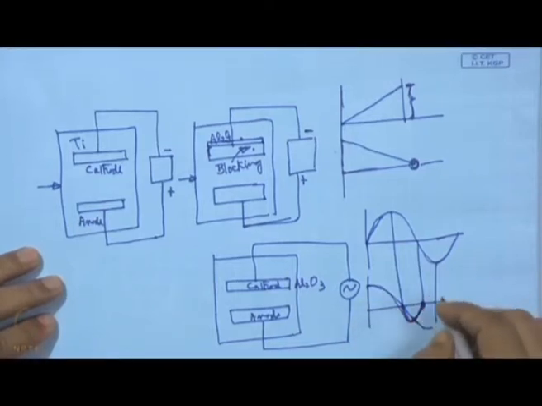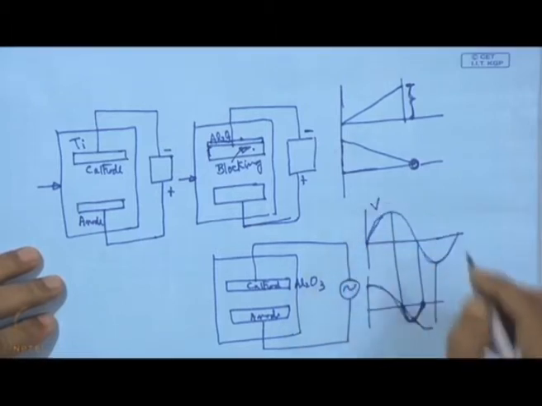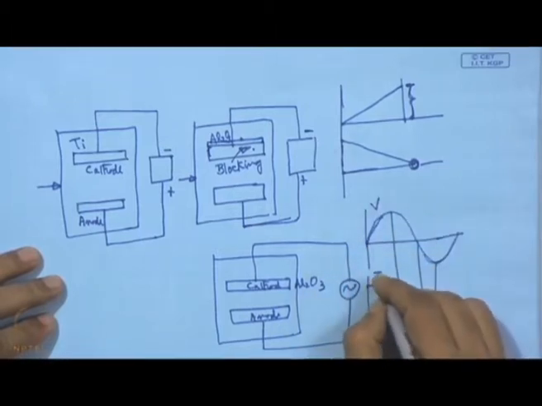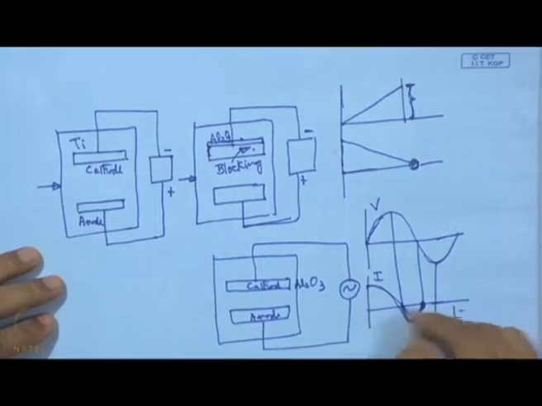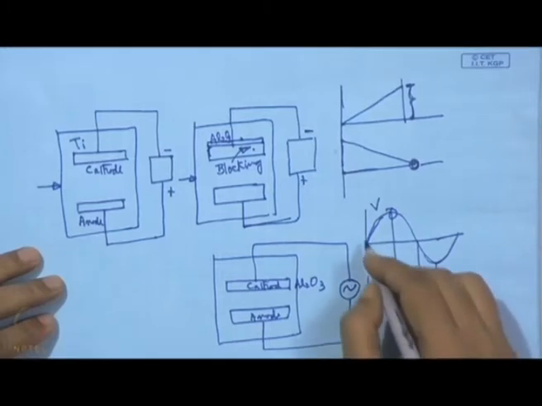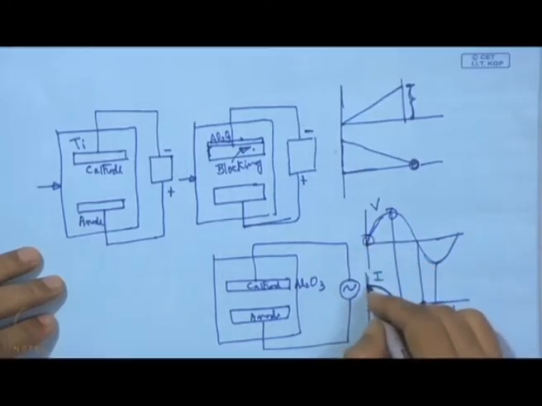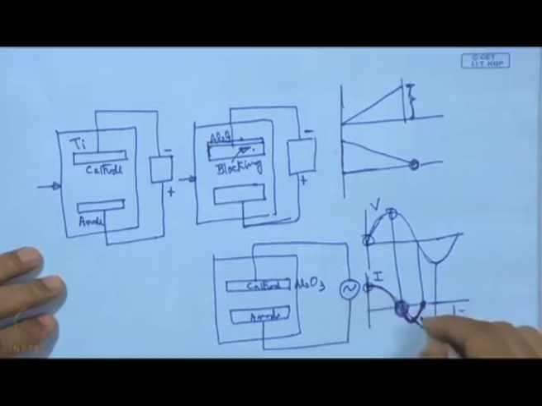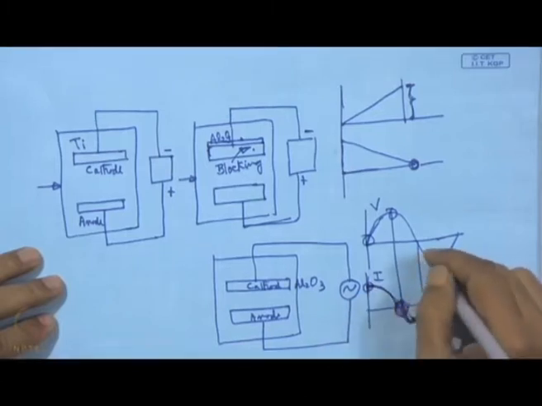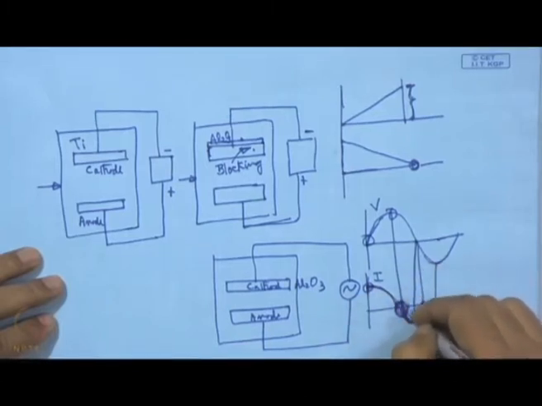Now, what is important here to know, so this is voltage and this is the current with time. Here the current is maximum corresponding to 0 voltage, and here the current is 0, and we have positive maximum, and here also we have this negative maximum.